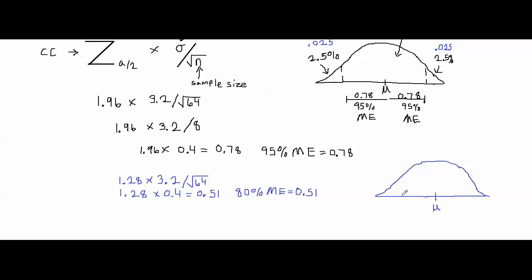So we have to imagine a boundary point down here again, and a boundary point up here. And the distance from the population mean to this boundary is our margin of error, which this time is 0.51. And 0.51 in this direction too.